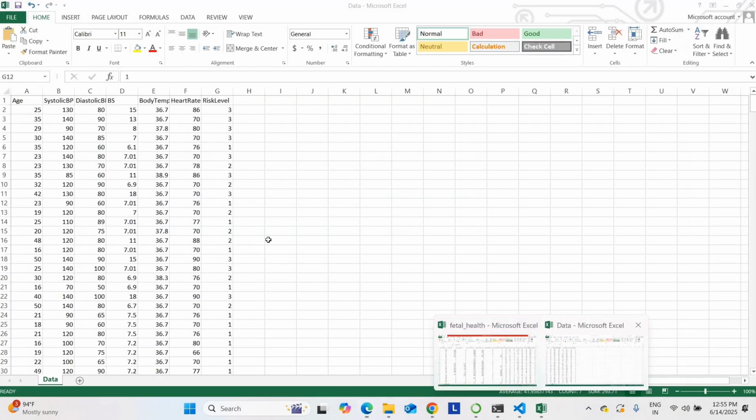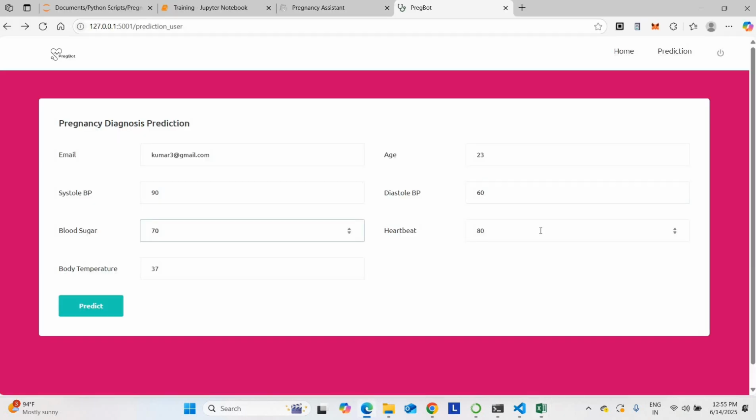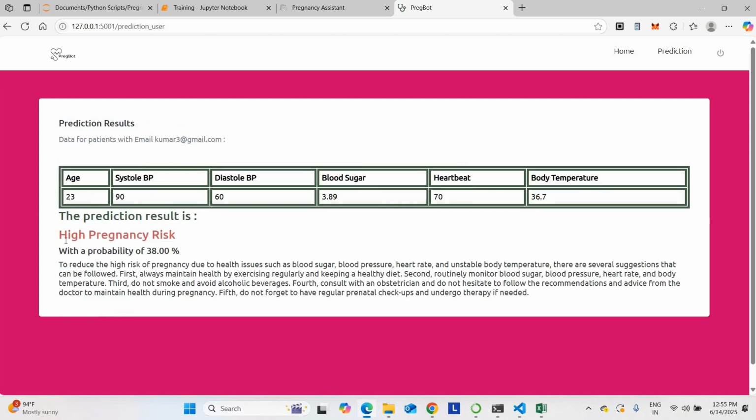Blood sugar is 70. Heart rate is 70. Body temperature is 36.7. So this data I'm feeding now. Just click predict. So you can see the level. It's high level, high risk pregnancy. The probability of high risk was 38%.